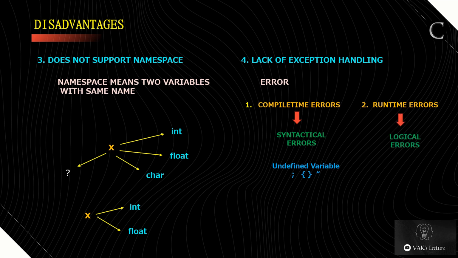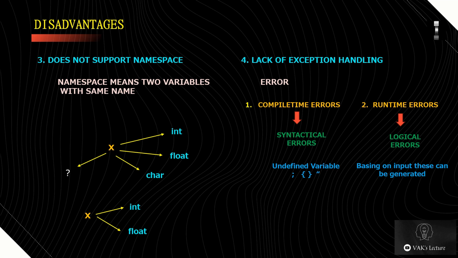Runtime errors means logical errors. These can be obtained at the time of running. For a character variable, if we give an integer value, then it shows the runtime error. That means these errors will be displayed at execution time. Based upon the input value, these can be generated at runtime.